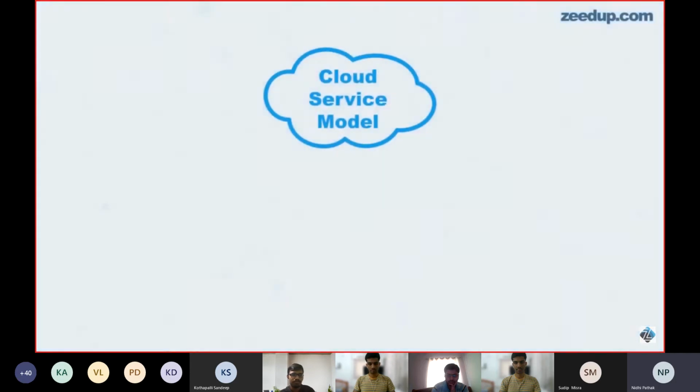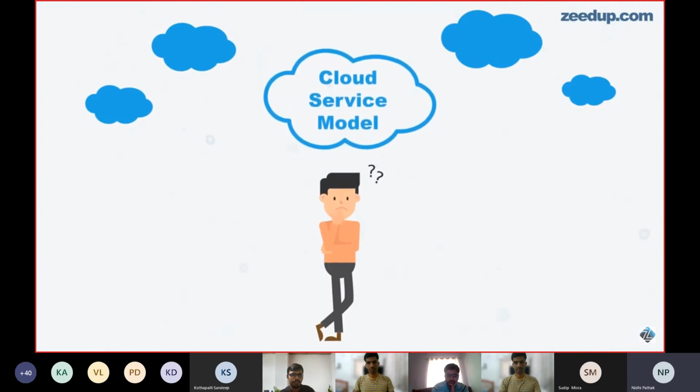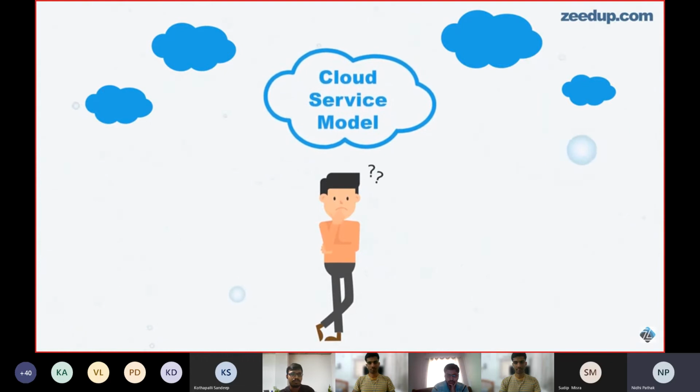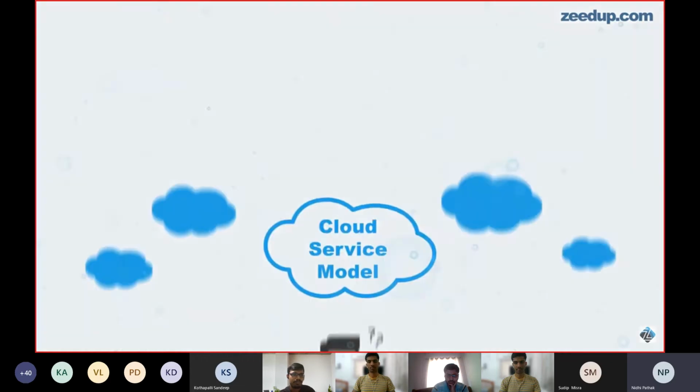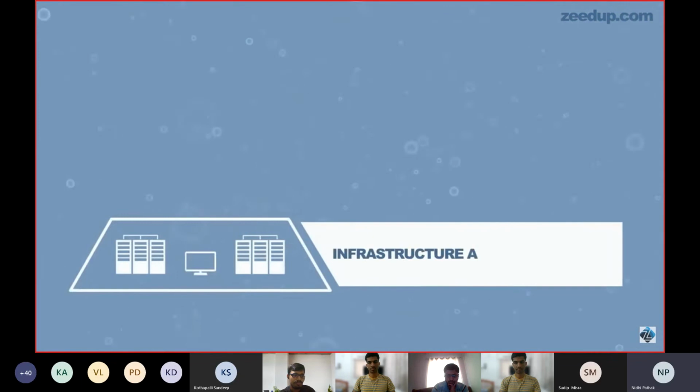3. Cloud service model. You may be interested to learn what types of services are most common with cloud technologies. Let's go through a few of the most popular examples and look at the cloud service model they are associated with. Infrastructure as a Service, IaaS. This is a cloud service model where a cloud provider offers virtualized servers or instances.